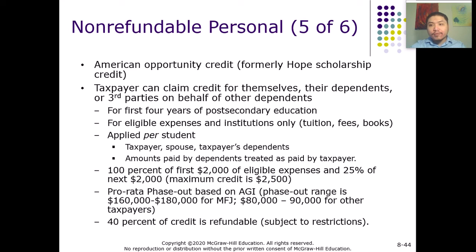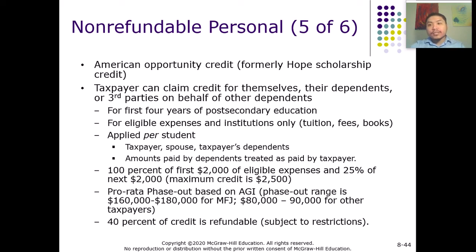So if that's the case, if you pay $3,000, you can apply 100% of the first $2,000, right? So that means you can claim $2,000 of credit for the first $2,000 of expenses, and then 25% of the next $2,000, right?